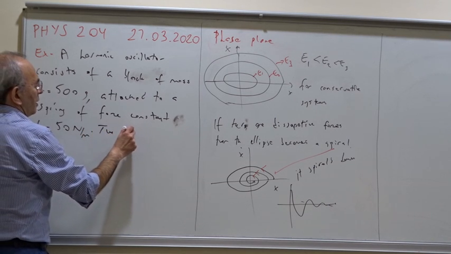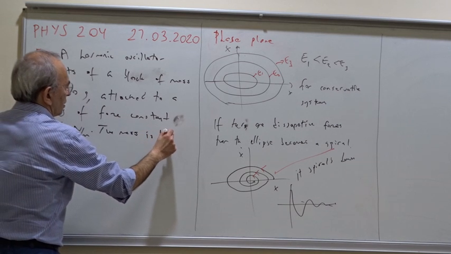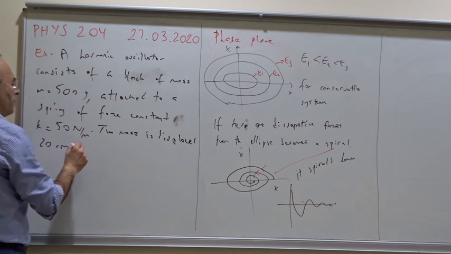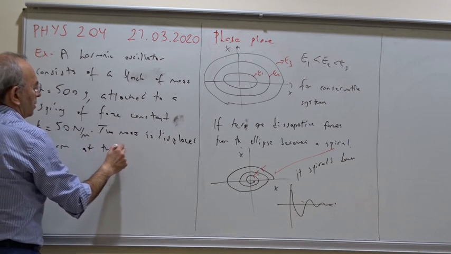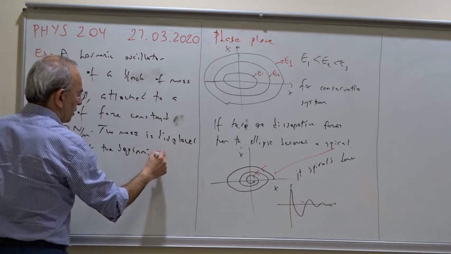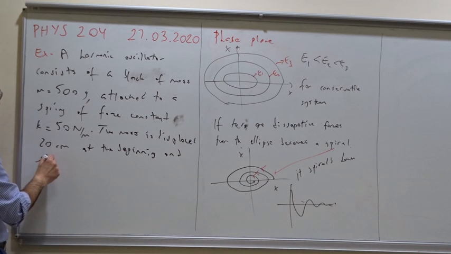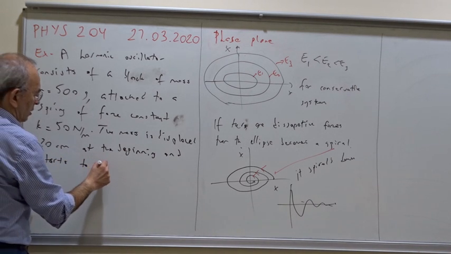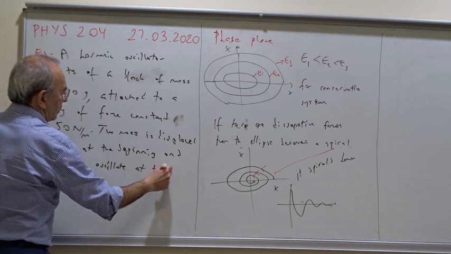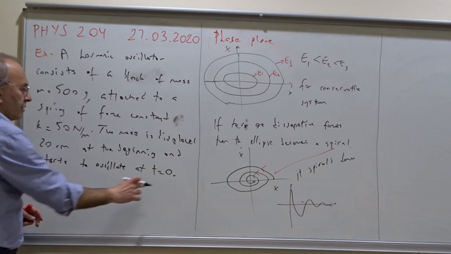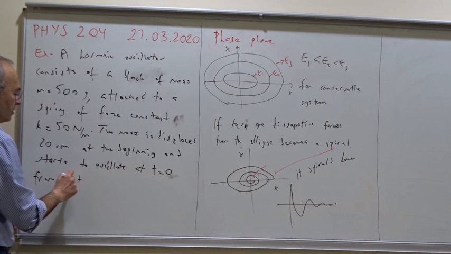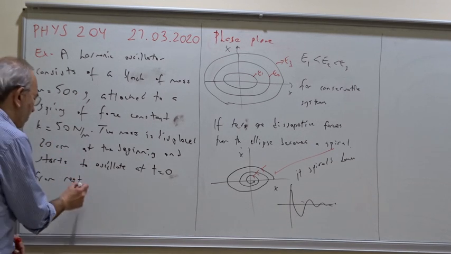The mass is displaced 20 centimeters at the beginning and starts to oscillate at, let's say, t equals 0 from rest. From rest, we understand that its initial speed is 0.